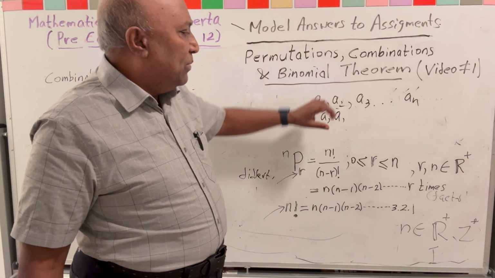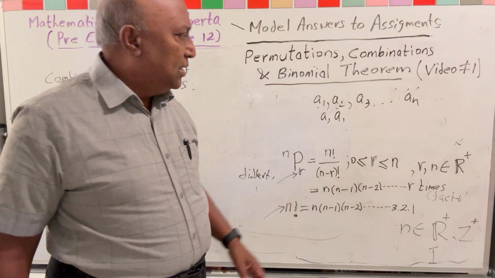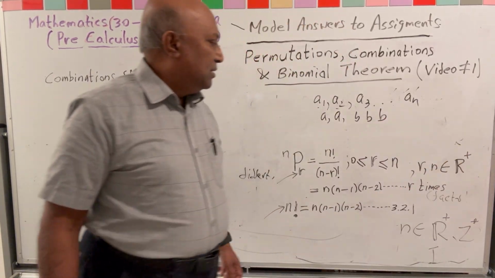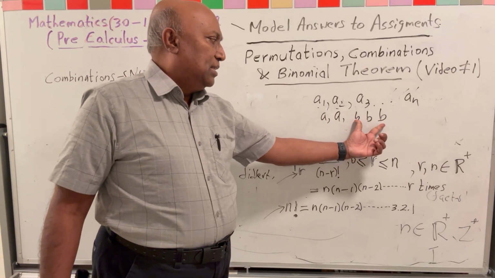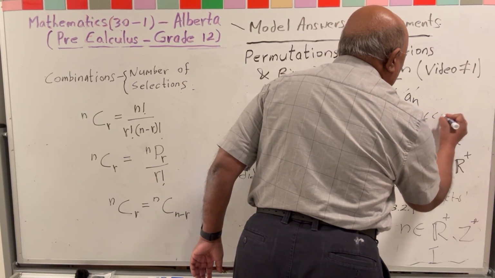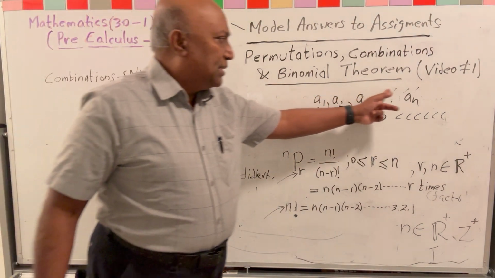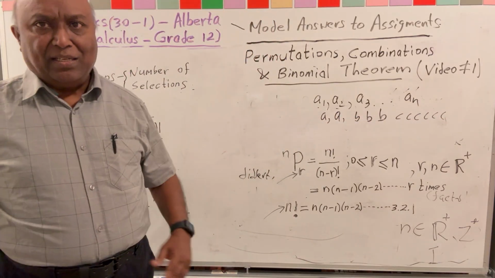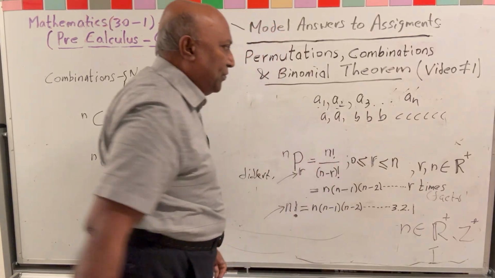There may be two identical items, maybe two red balls, two white balls. There may be three of another identical kind, sometimes four or five of another kind. Then what will happen? This time the number of arrangements is reduced. That means if you shuffle A and A, it looks the same.